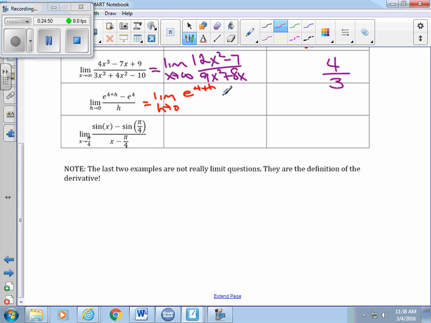But what's the derivative of e to the fourth? Nothing. Why 0? Constants. E to the fourth is a number, right? It's a weird number, but it's a number. Plug 0 in for h, and I get e to the fourth. Everyone agree? That is the limit.